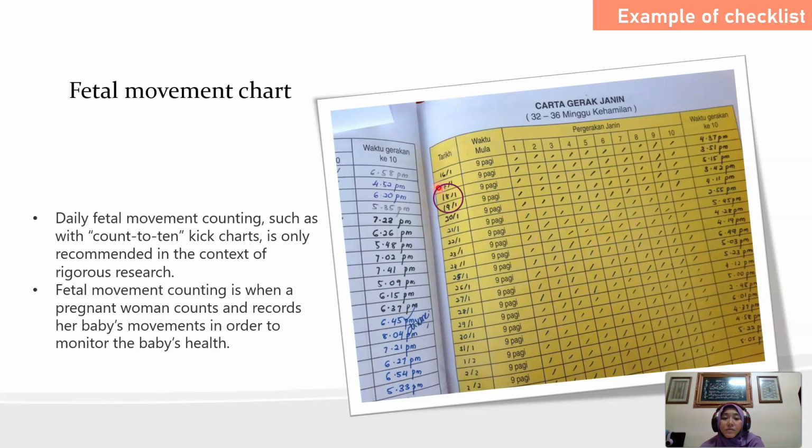So this is all recorded. The purpose of the checklist is actually to see the pattern in terms of the movement. For example, if there is a problem with the pattern, such as the movement is very slow or there is lack of movement, you can see it from the chart.